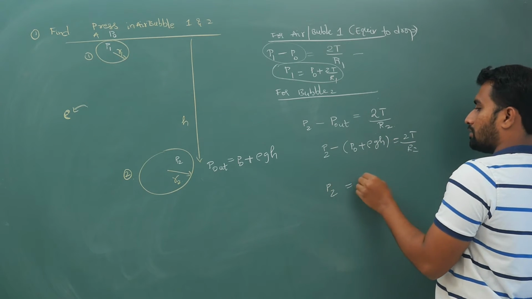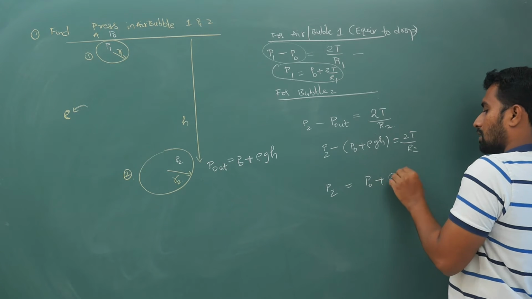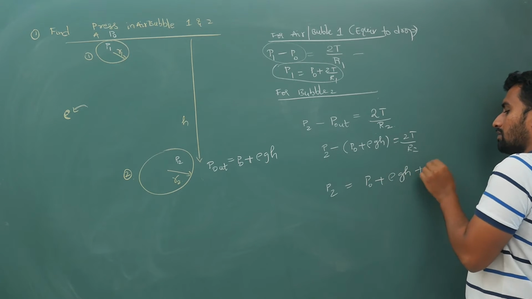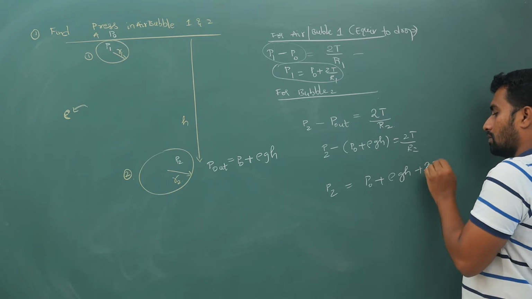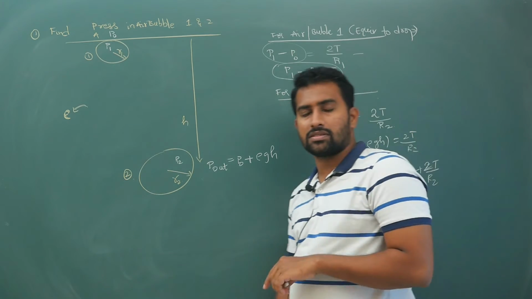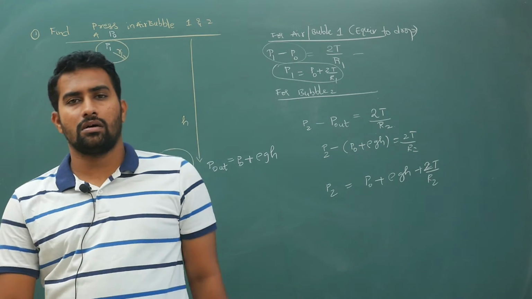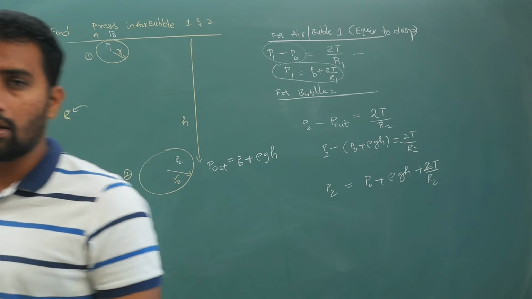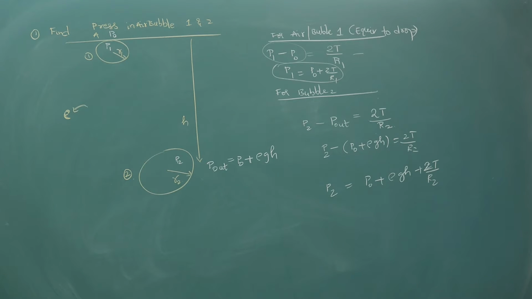So your P2 is P0 plus rho g h plus 2T by R2. Basic questions like this you will be able to answer easily. Hope you have understood this and there are no doubts.